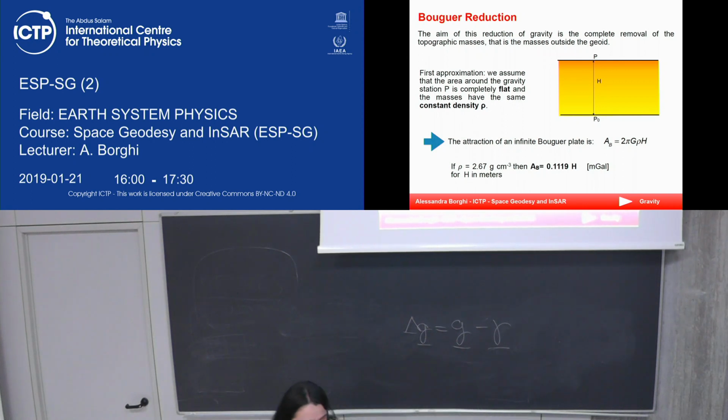So you are doing an approximation, which means that this layer is an infinite layer, and we have a constant density given by these values.